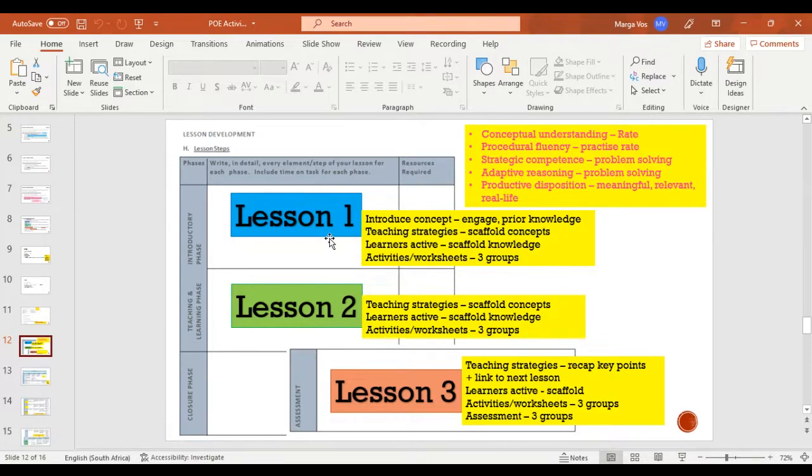But otherwise, you need to describe to me what you are going to do with your 3 different groups, whether it is stations or chat stations, discussions, different activities for them to do at different stations. Whatever you are going to do is up to you, but you have to make sure that you differentiate and that you do 3 lessons in this lesson plan.